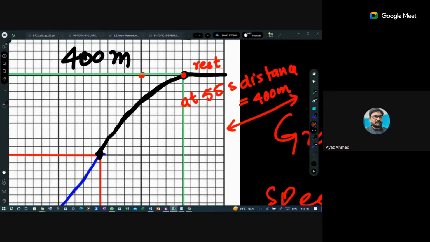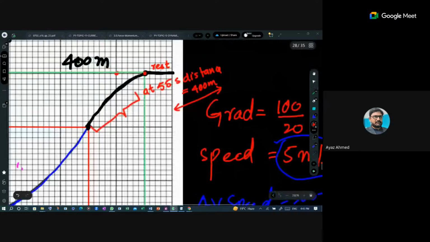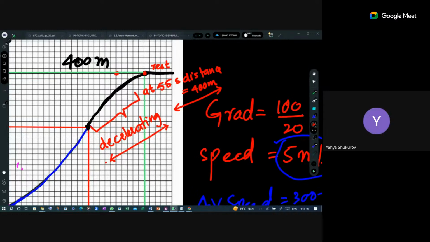Am I right? Yes, sir. And this segment shows that the car is decelerating. Is it clear? Yes, sir.